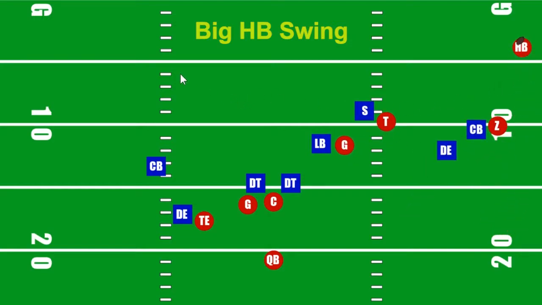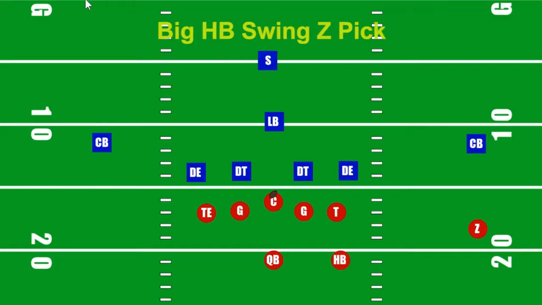Now, let's show you the pick. So, in the big halfback swing Z pick, as you might assume, the Z receiver is throwing a pick. Why is it not pass interference? Well, I'll tell you why.